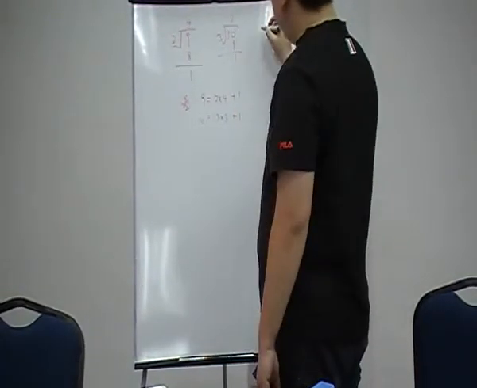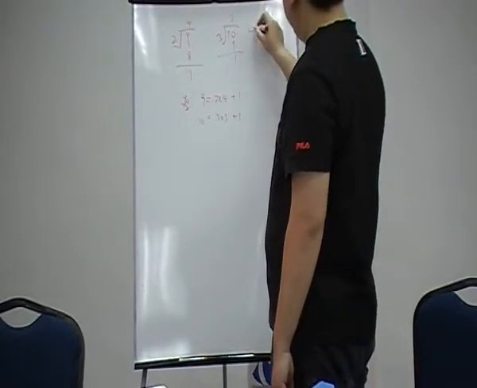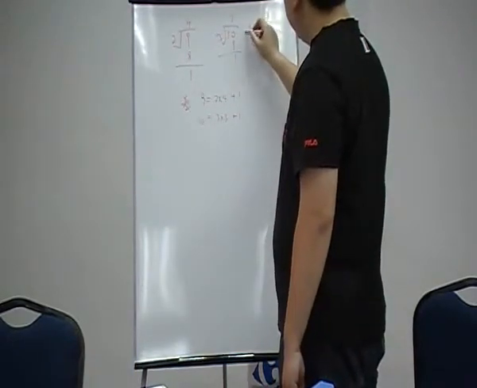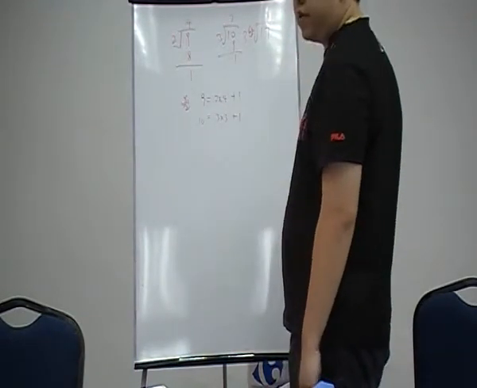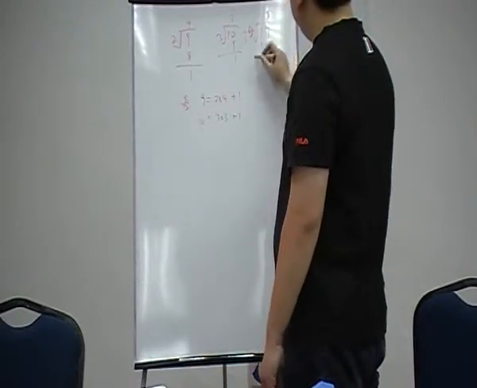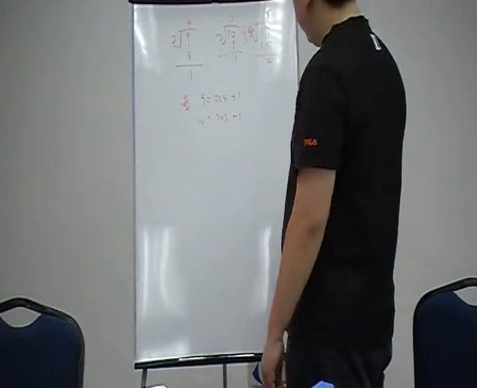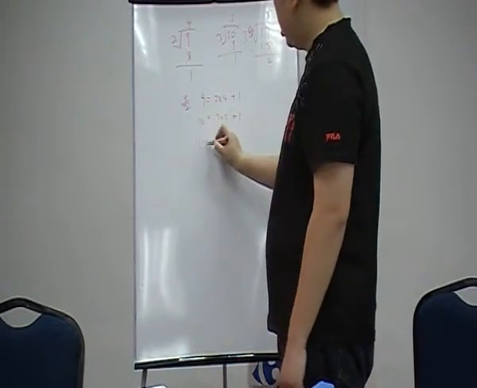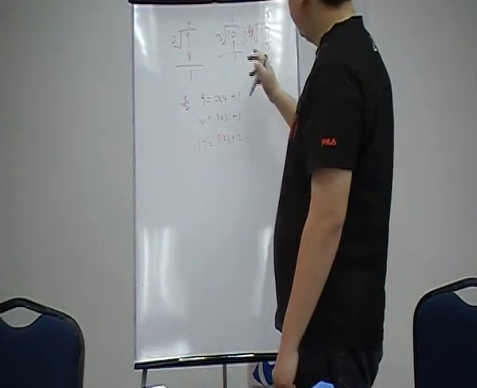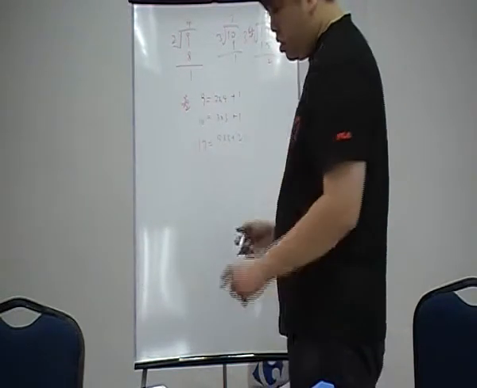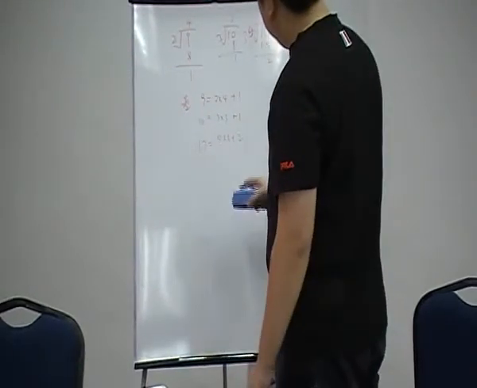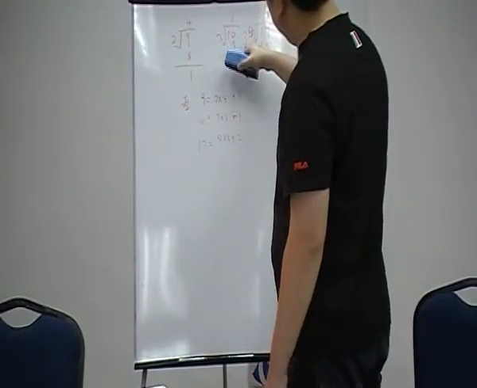So 17 divided by 4 is 4 remainder 1. What about 17 divided by 3? 5 remainder 2. So you have 5 times 3 plus 2. Let's write it in a good manner, and put the divisor in front.